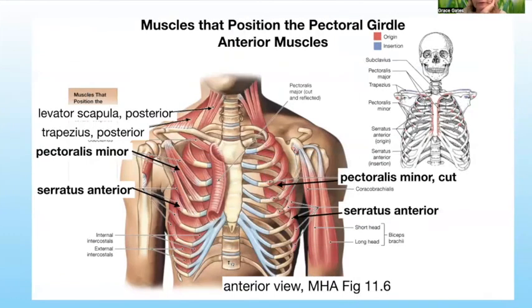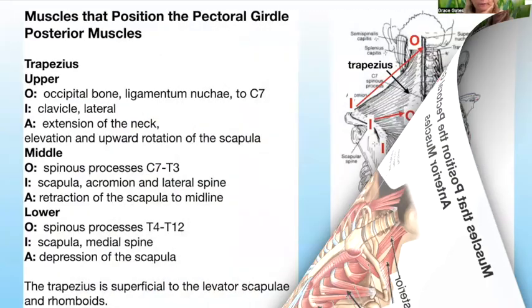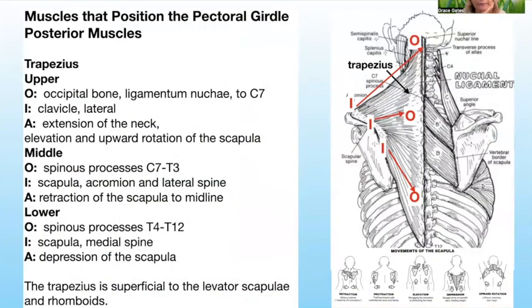Okay, and here's a picture of the two anterior muscles that we just discussed, the pectoralis minor and the serratus anterior. Okay, now let's start on our posterior muscles. The trapezius is a large superficial muscle. It has three parts that are called upper, middle, and lower.